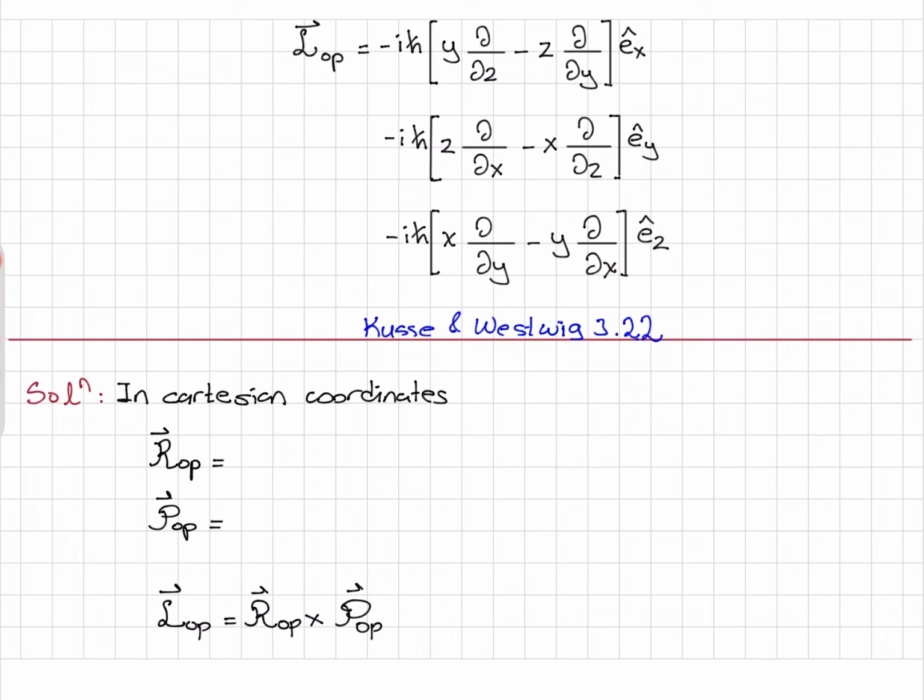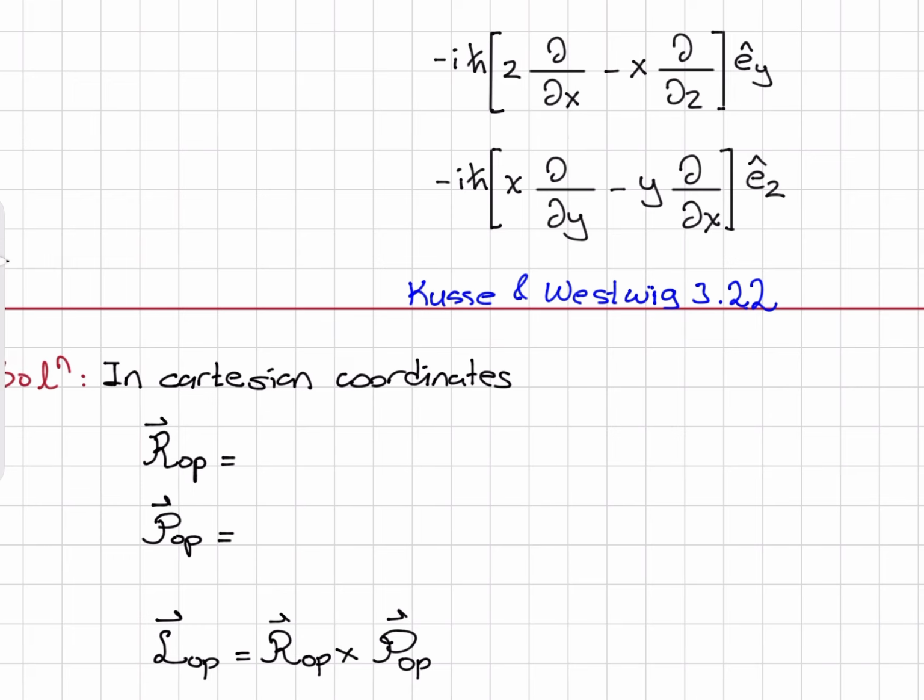Okay, so first of all, let's start with the position operator in Cartesian coordinates. The R operator is simply equal to the position vector R, which is x e_x hat plus y e_y hat plus z e_z hat.